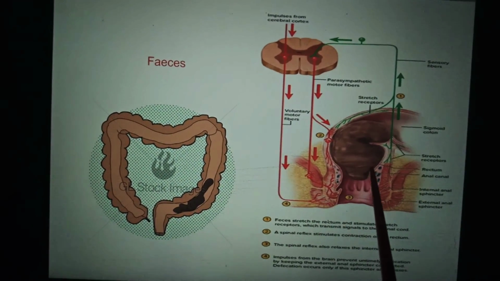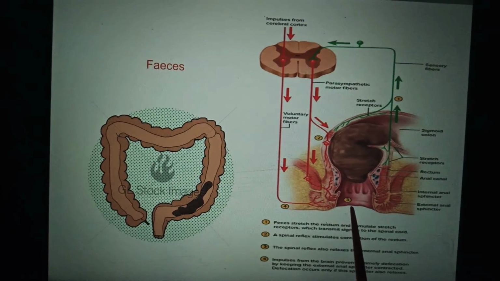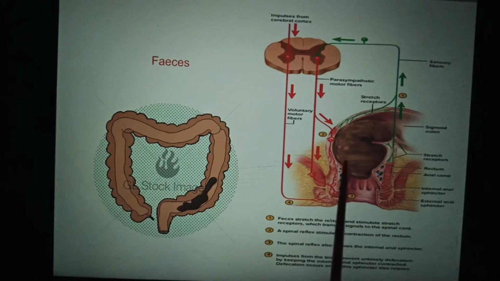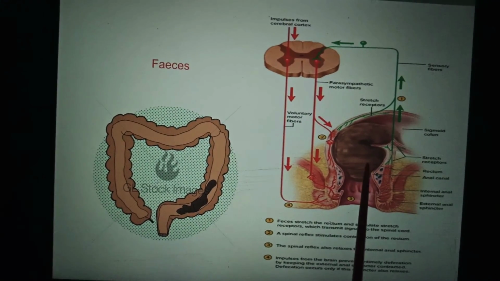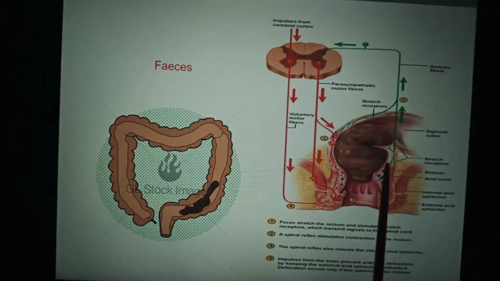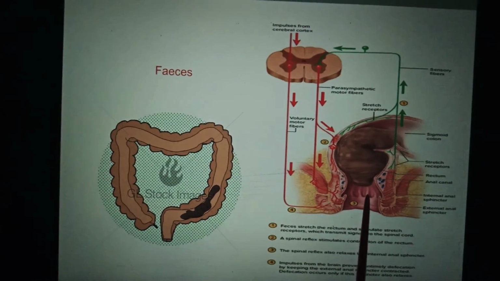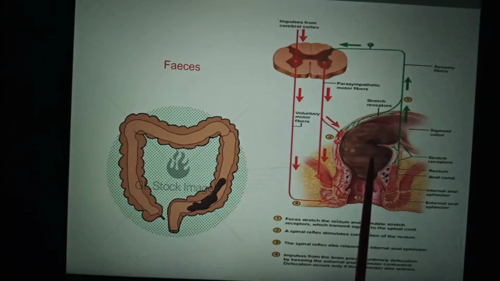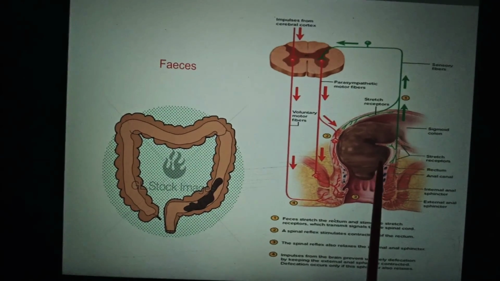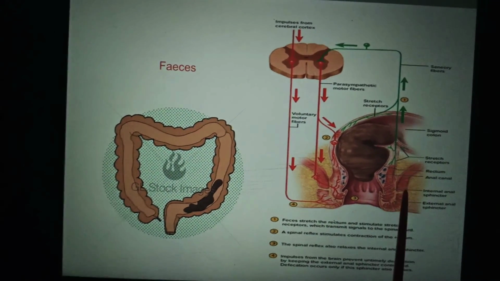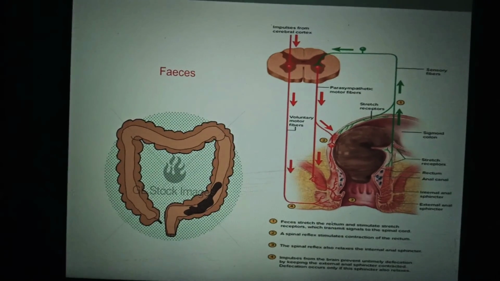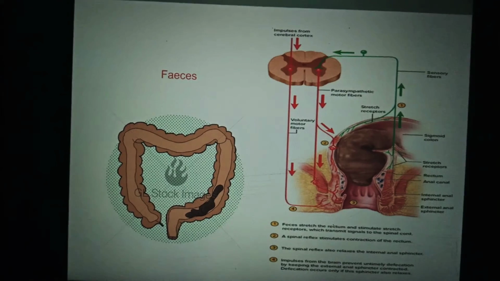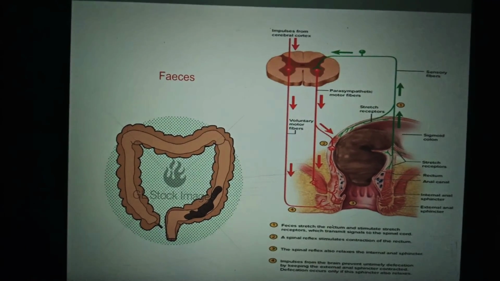These are the parts of the rectum and this is the last portion, that is the anus. When feces is stored in the rectum, it gives rise to a reflex that now the rectum has filled with feces. Now a person should remove it through the anus. But infants are unable to control this reflex.